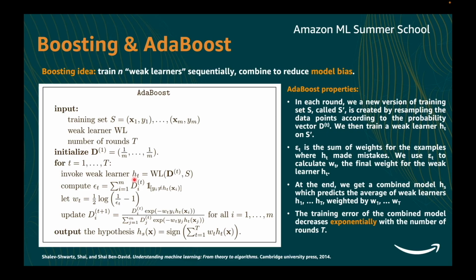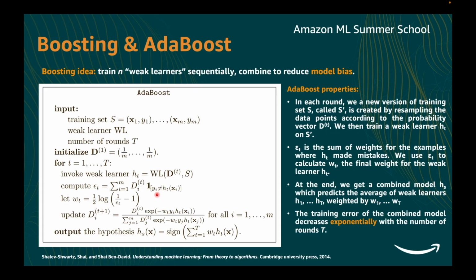Now h of t is a model which has some accuracy. It's trained on a resampled version of the training data. So you compute epsilon t, which is the weighted sum of all the errors made on the training data by this model.